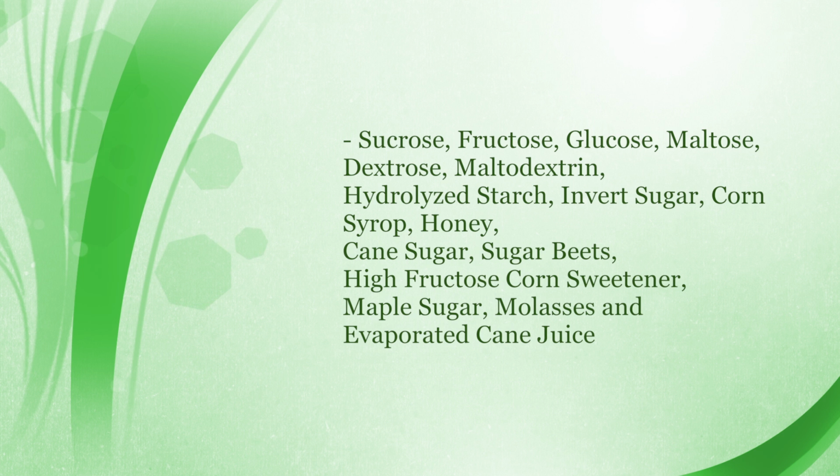So stuff like sucrose, fructose, glucose, maltose, dextrose, maltodextrin, hydrolyzed starch, invert sugar, corn syrup, honey, cane sugar, sugar beets, high fructose corn sweetener, maple sugar, molasses, evaporated cane juice. All of those are synonymous with sugar, so you want to watch for those on the label as well.